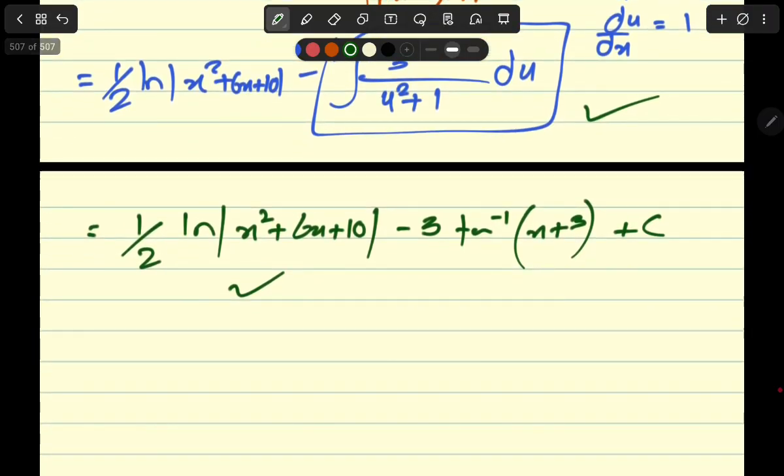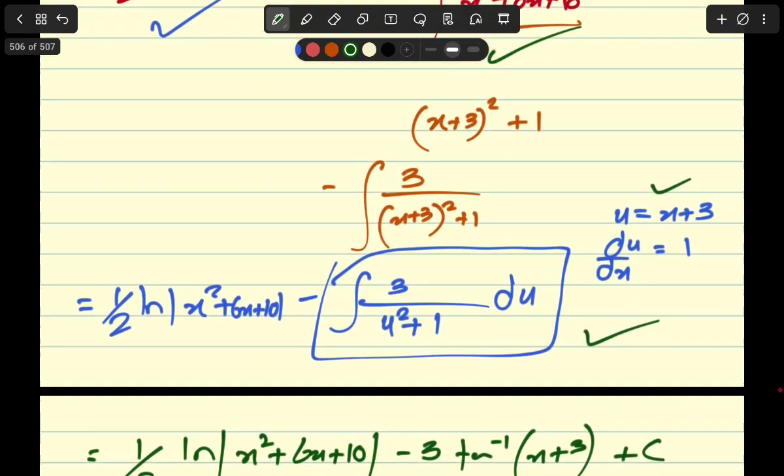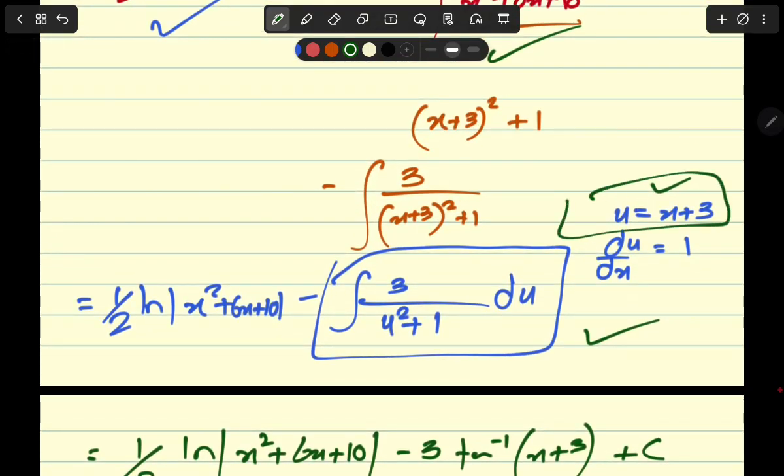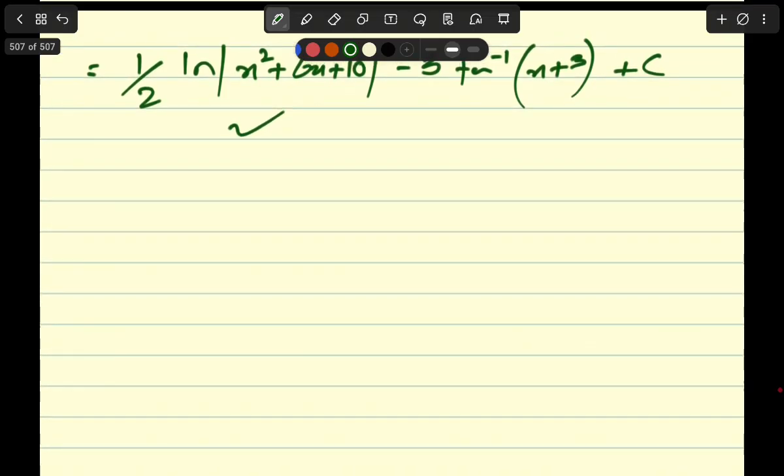It also shows that substitution is sometimes only one step in a longer solution. Because the solution was quite lengthy, substitution was just one step. You first intelligently decide what expression to substitute with what, take the derivative, and then replace the dx with du.